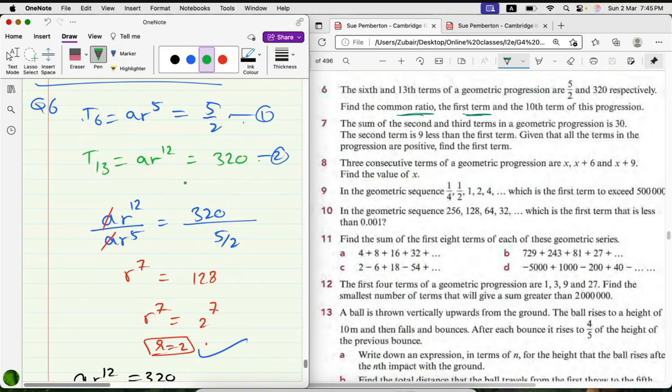R equals 2, and then we just plugged it back into one of them to get A. I used the second equation. You can use any equation.